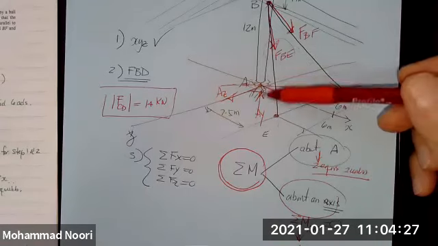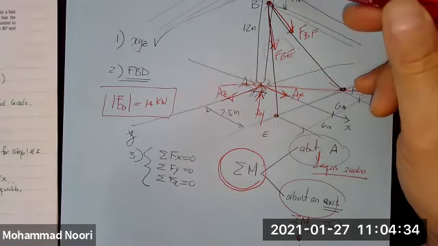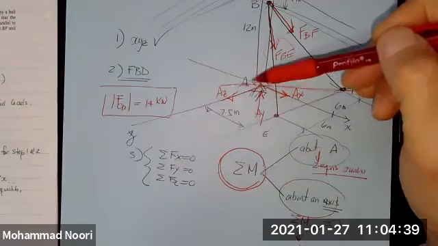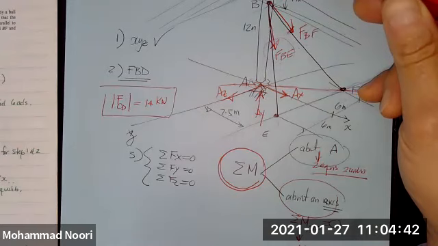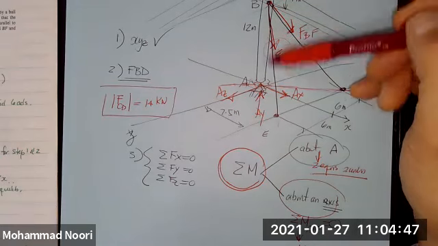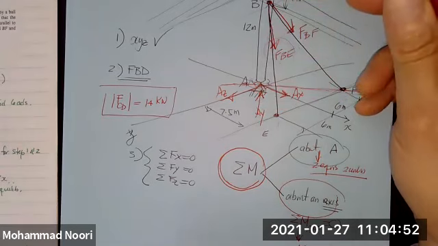It's not helpful to use the axis that all of them go through, right? To solve the moment, because you want to have at least one unknown to solve for something. Excellent question. If you use AB, AB intersects with every single force, so there is no moment, because the moment of all these forces about this axis is zero.